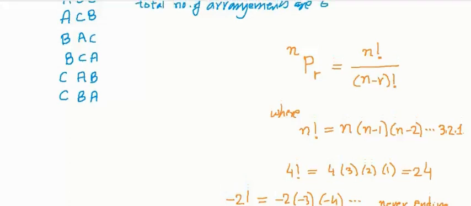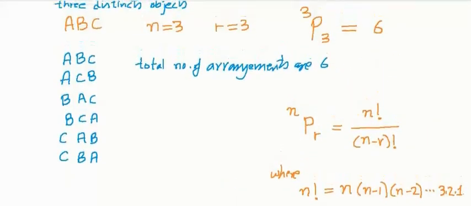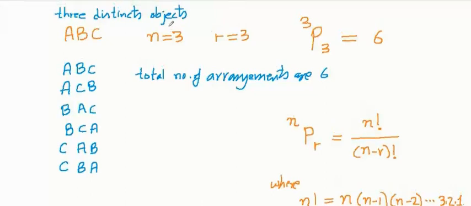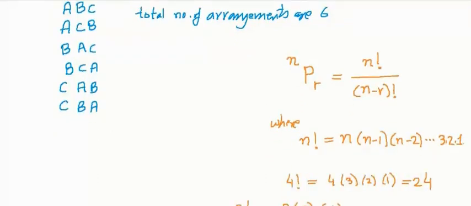So now we will apply this on this example. A, B, C, 3 distinct objects, n is 3, r is 3, so 3P3 is equal to 6. Now see how we got 6 without a calculator. If we use this formula, we have 3P3, which is equal to 3 factorial over 3 minus 3 factorial.